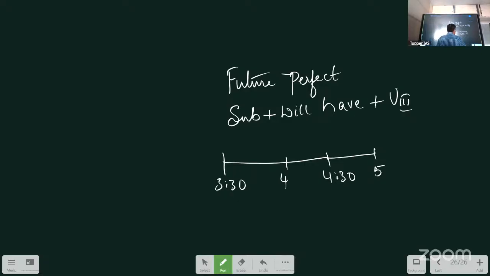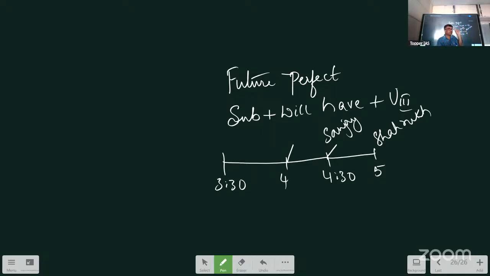Now, both of us leave at 4 o'clock. Sanjay will reach at 4:30. Shahrukh will reach at 5 o'clock. Now I can say Sanjay will reach home at 4:30. Shahrukh will reach at 5 o'clock. Two different sentences.